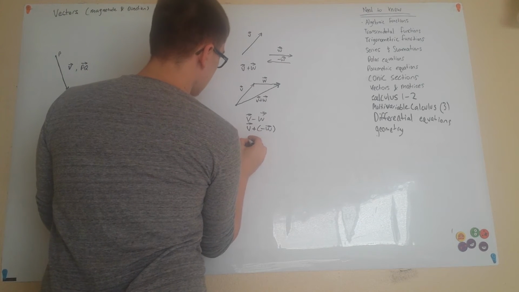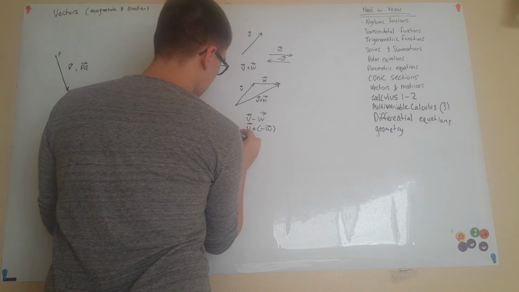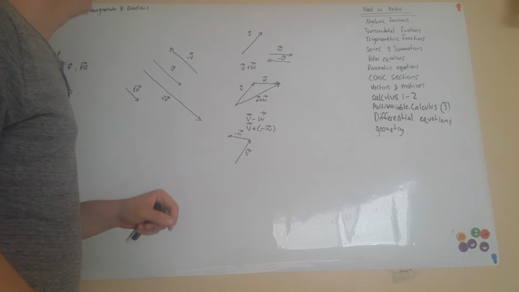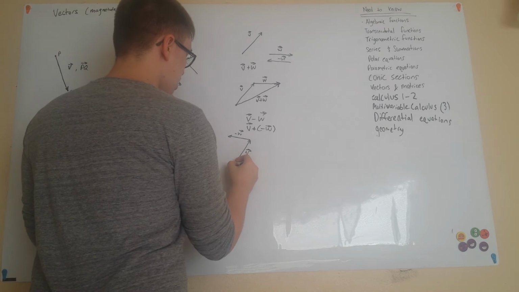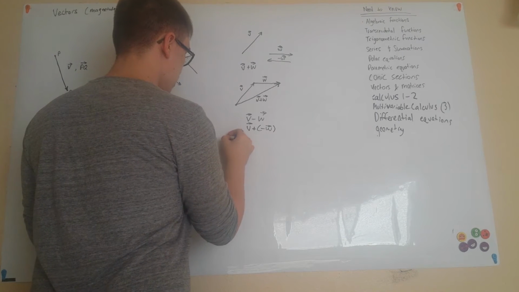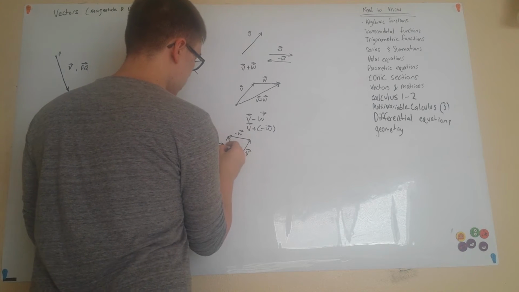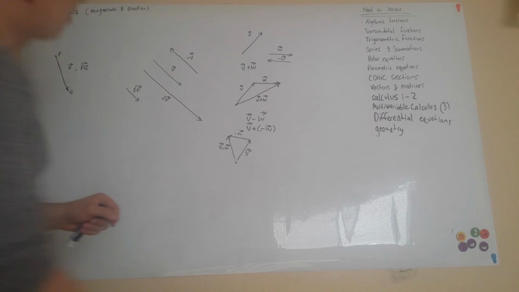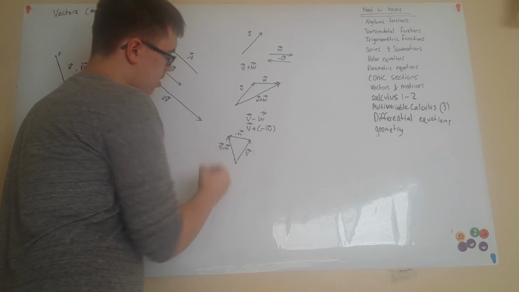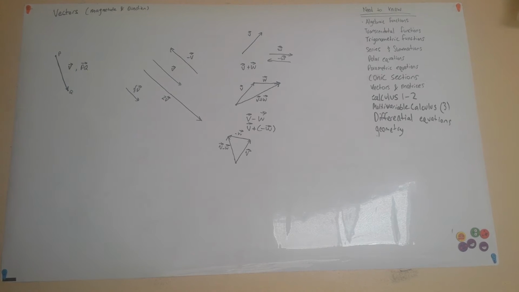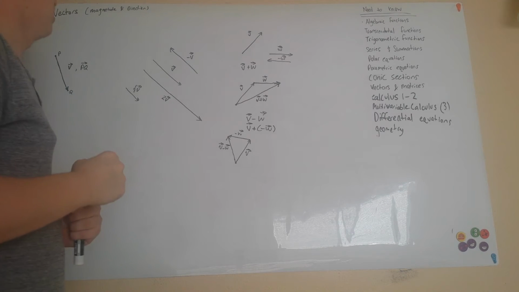We take the negative vector w. So this is vector v and this is negative vector w. And then we draw the vector, which is vector v minus vector w. And that's how you subtract vectors.